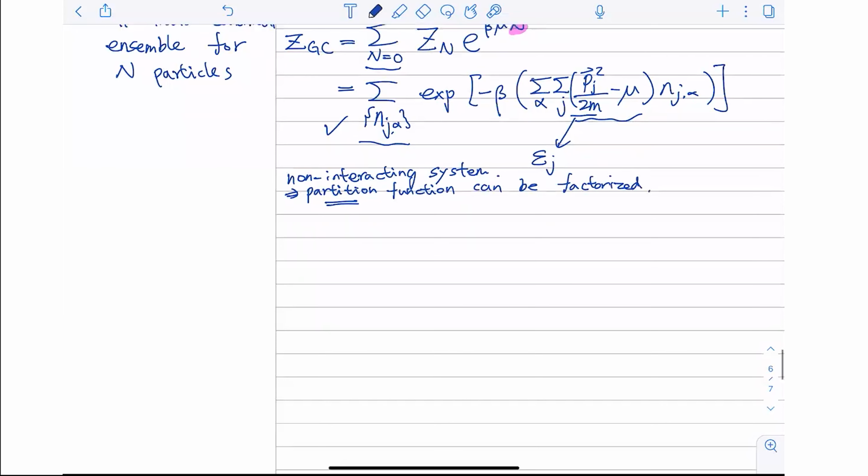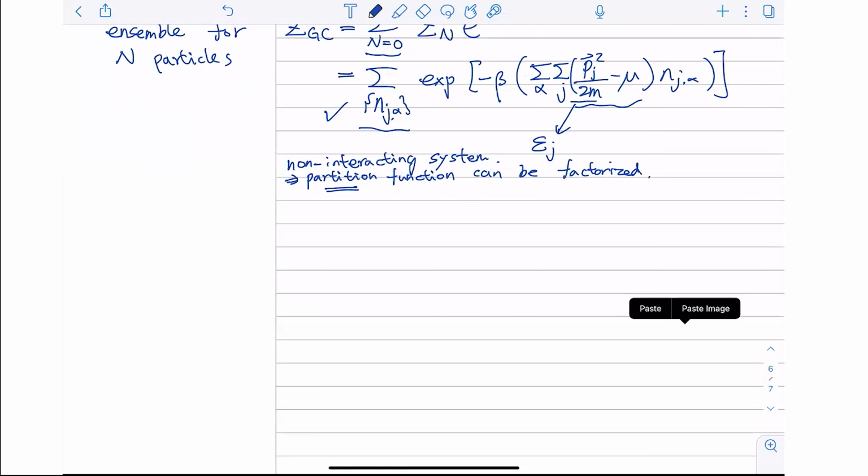Okay, so let me try to write it out. This summation can actually be converted into a product over j, which labels the corresponding single particle eigenvector, and alpha, which corresponds to the internal energy.